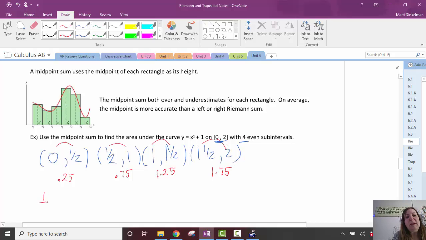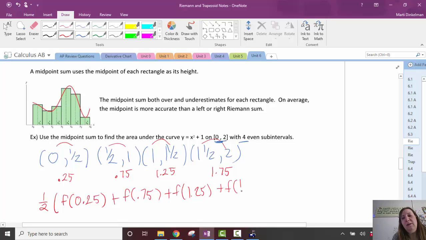So I'm going to go ahead and put the 1/2 on the outside right now, and then write down what I'm going to do in my calculator. I'm going to have to figure out what f of 0.25 is. That will be the height of the first one, and then 0.75 for the second one, 1.25 for the third one, 1.75 for the fourth one.